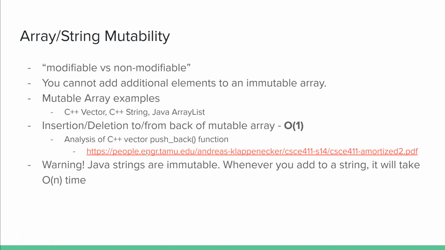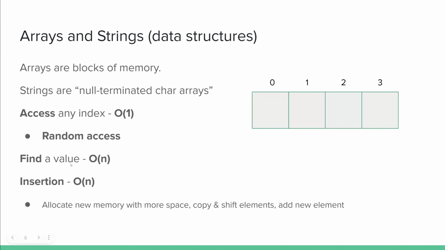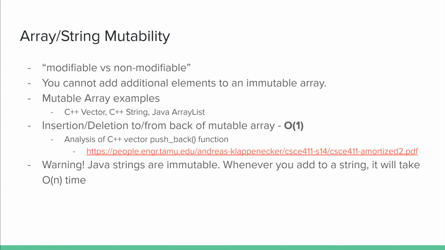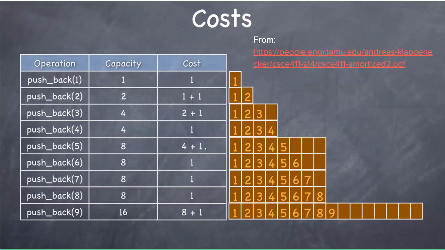And then there's also a concept called mutability, array mutability. With vectors, you might disagree that you can't insert faster than order of n time. And that's true if you have an immutable array. But with a mutable array, you can add to the back of an array in amortized constant time. This is a little bit complicated, so we're going to brush through it really quickly. A vector is just one implementation of a mutable array. It might double its max capacity every time.